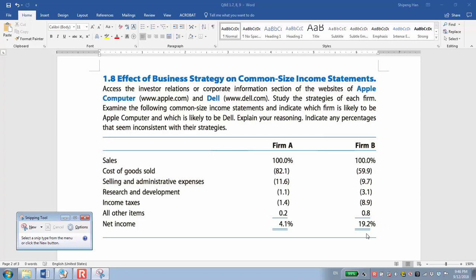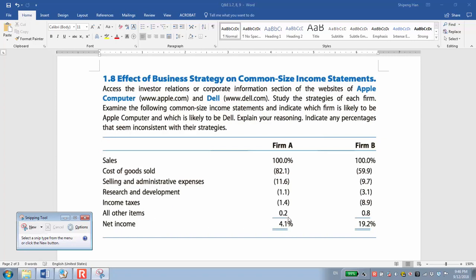So it has a very high profit margin. So just based on the common size income statement, we find firm B has almost 20% profit margin. Just from this indicator, we can say B is Apple, and D is 4.1%.